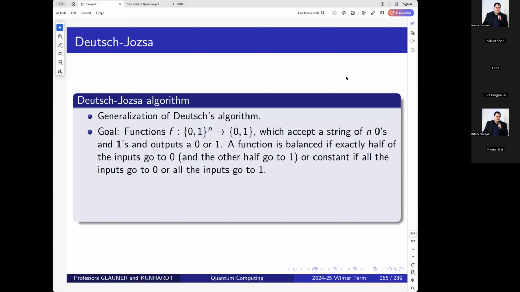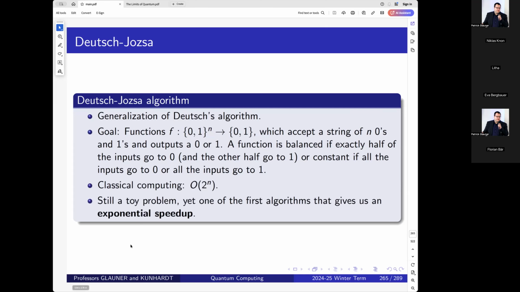And now we want to know if a function is balanced or constant, and in classical computing, this would need O of 2 to the n time. That's an exponentially growing problem because as n gets larger, the computing time you would need to determine if a function is balanced or constant would go up exponentially.